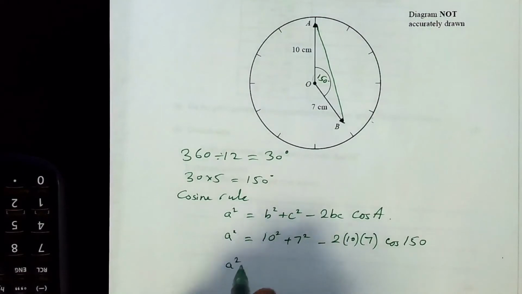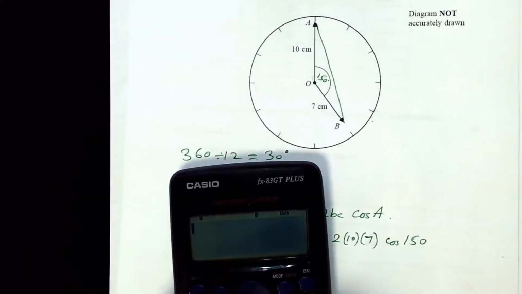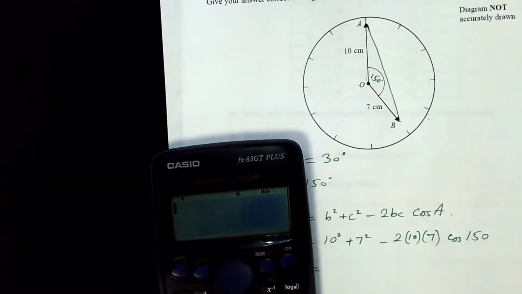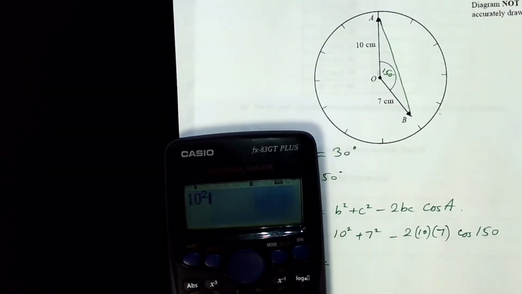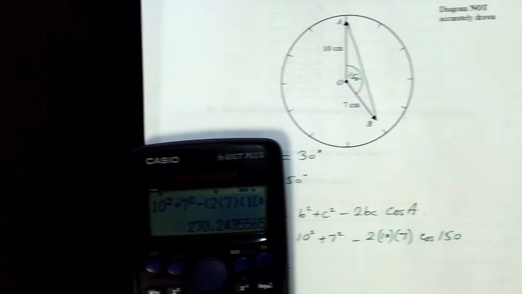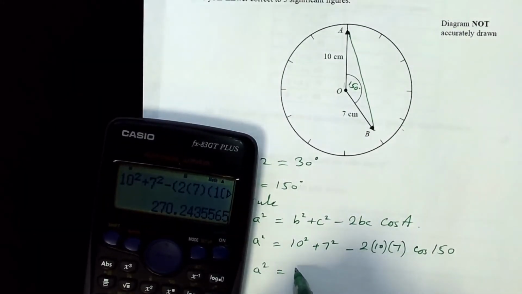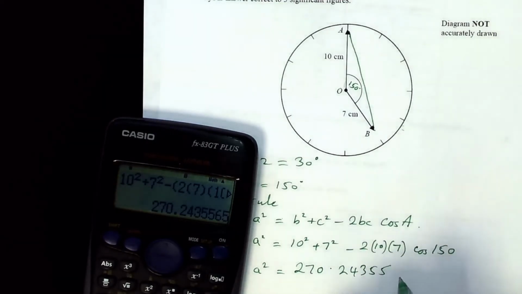I'm going to put that all into the calculator: 10 squared plus 7 squared minus, and I'm going to put this part in brackets, 2 times 7 times 10 times cos 150, and I get a squared equal to 270.2435565. I've written out the full answer from the calculator.